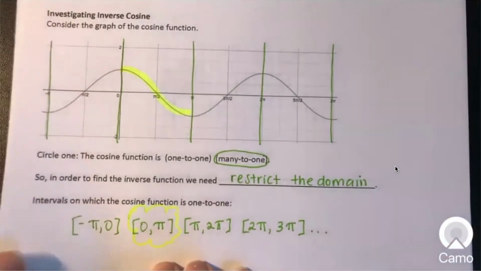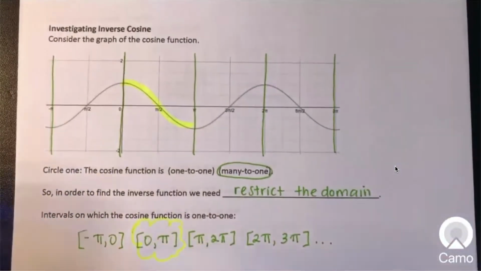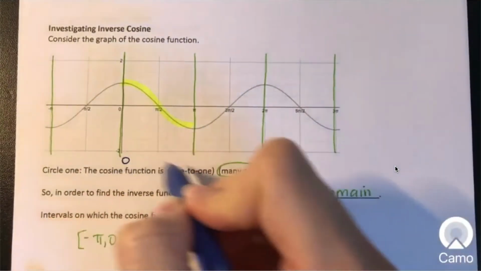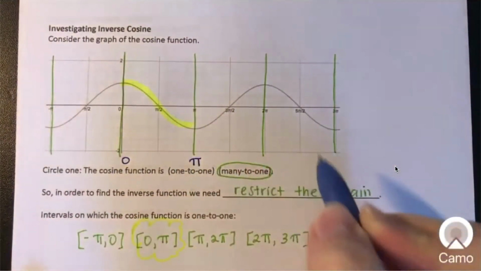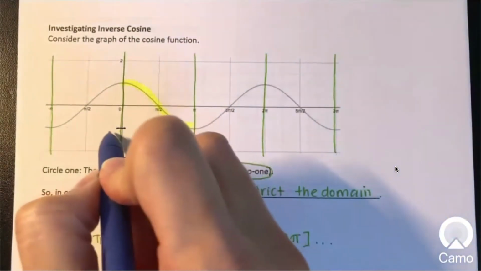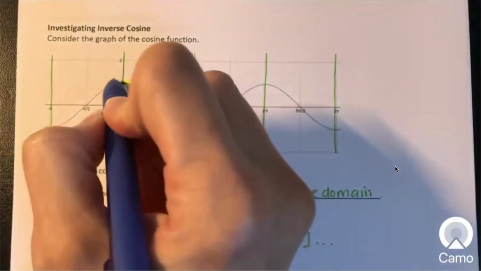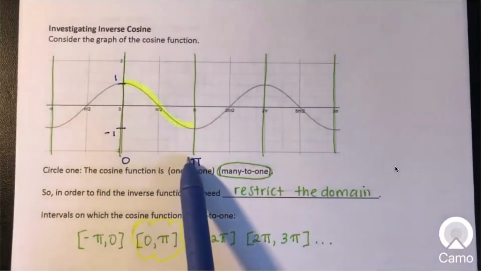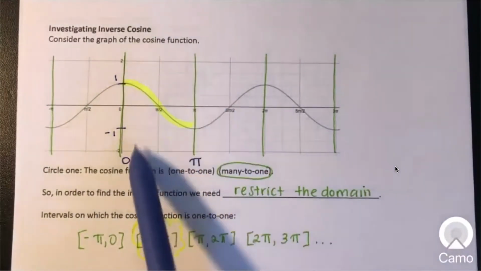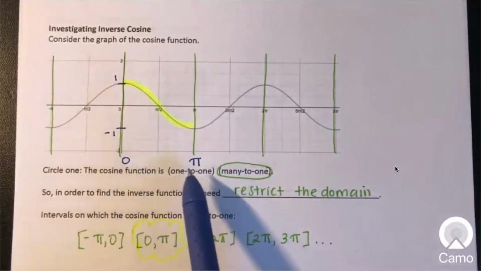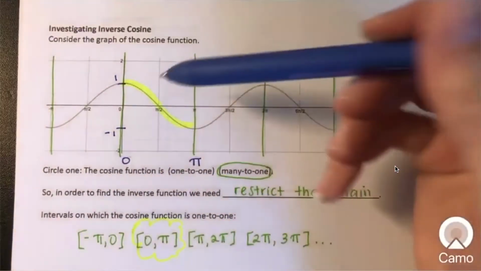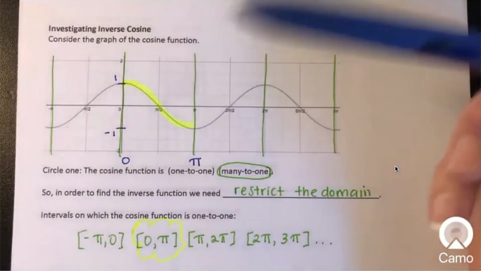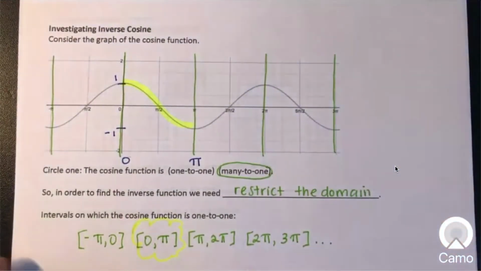Before we flip our page over, we can see that currently on this interval, our domain is between 0 and pi, and our range is between -1 and +1. So remember that the domain of our cosine function will become the range of its inverse, and the range of the cosine function will become the domain of the inverse.